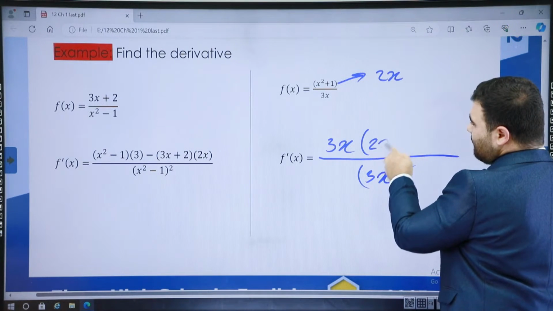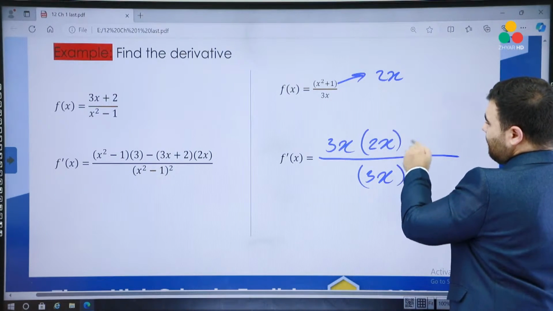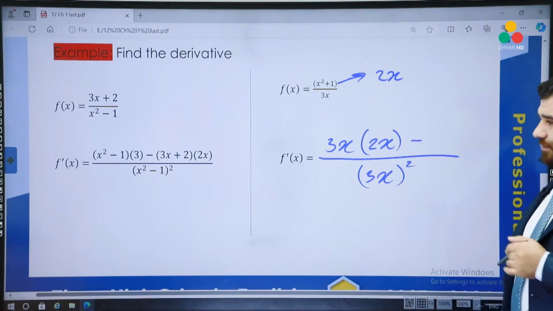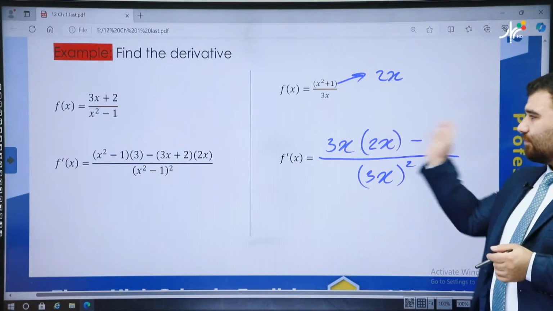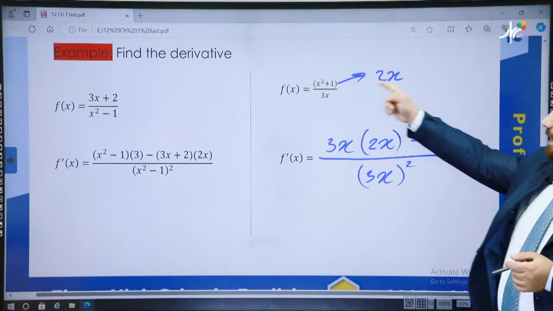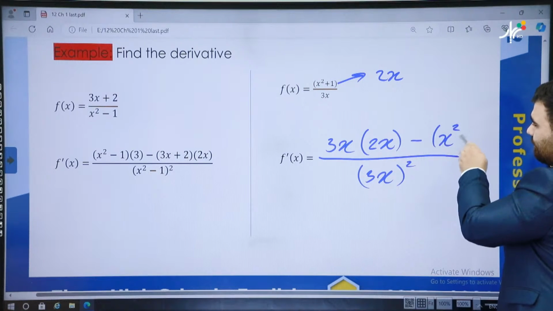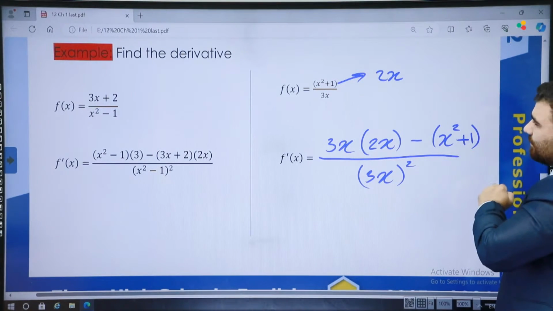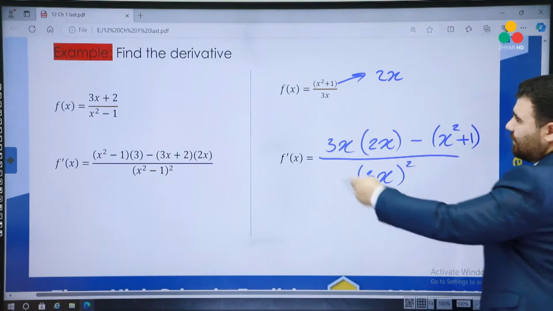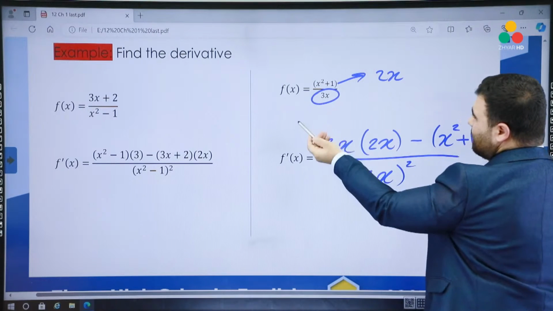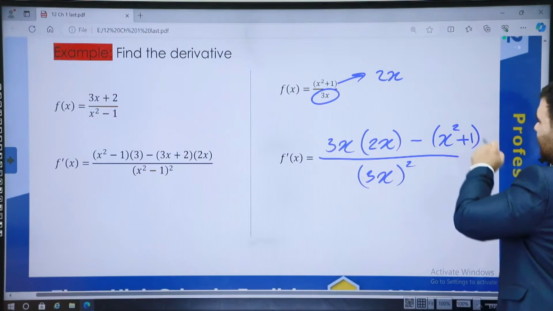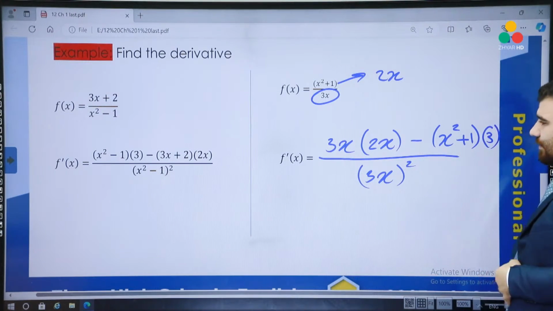Then I write here 2x. Minus. For the division rule, it's minus between the two parts. Now, I write x squared plus 1, and this should be multiplied by derivative of down. Derivative of down, 3x, is just 3. Multiply by 3. All right.